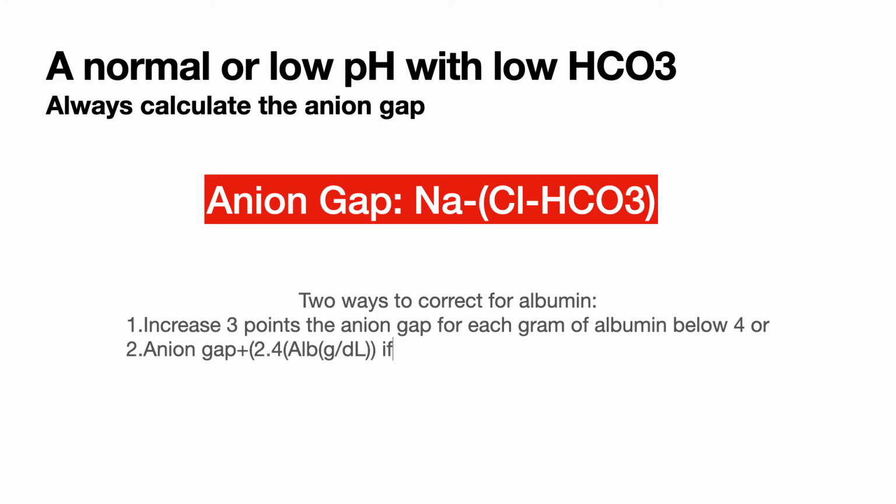The formula always works every time you use it with an albumin less than 3.8. But if, let's say, you have an albumin of 2, it's very easy, just say 6 on top of the anion gap.